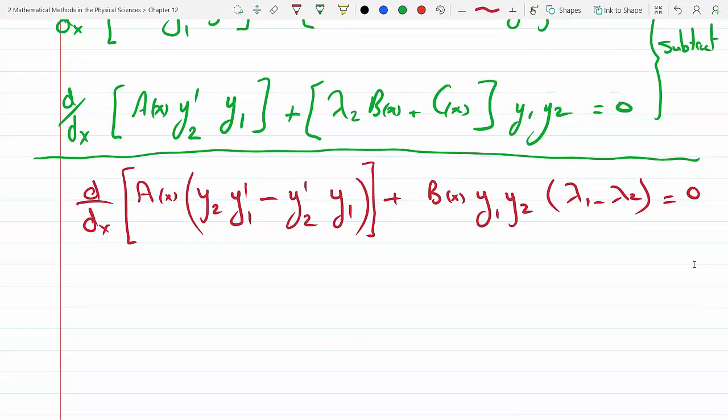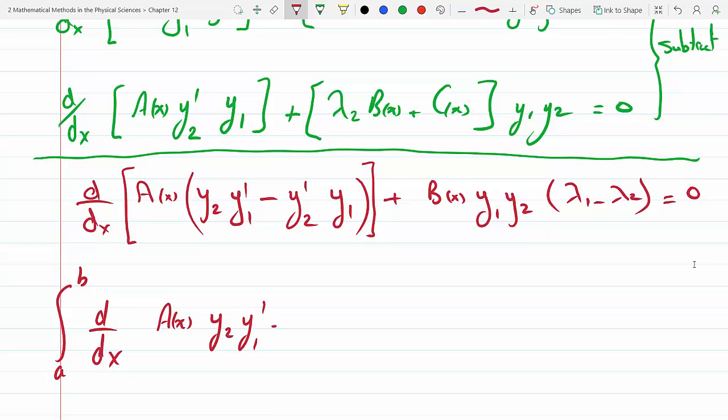So I'm going to place an integral here, from a to b, d over dx of a of x times y2 y1 prime minus y2 prime y1, plus, since this is a plus, I'm going to split this up into two integrals.